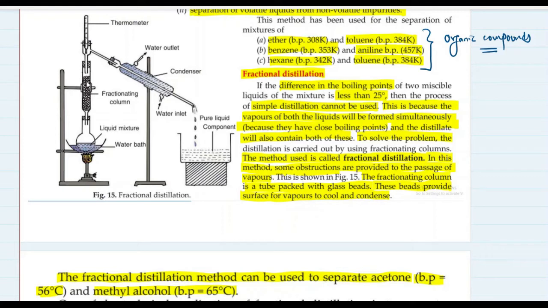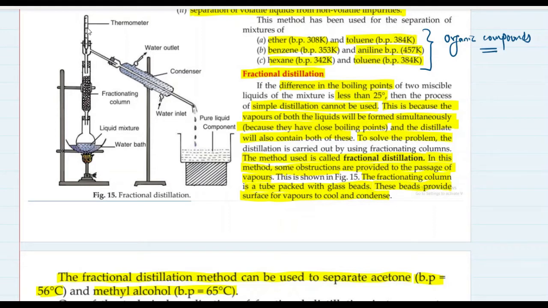So the alcohol vapors will get condensed over these glass beads, get converted into liquid form, and trickle back down into the round bottom flask. Acetone, on the other hand, will not fall down. Acetone will go and get collected over here.